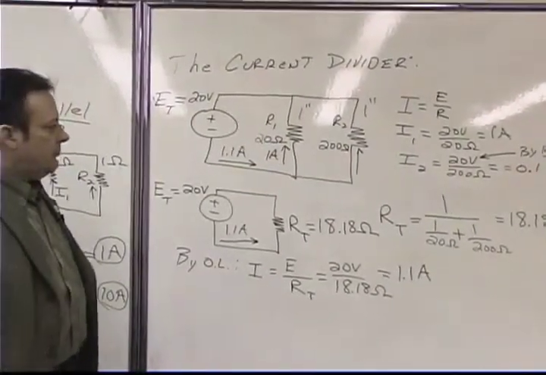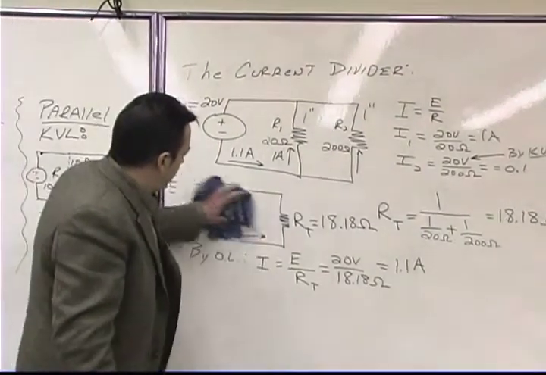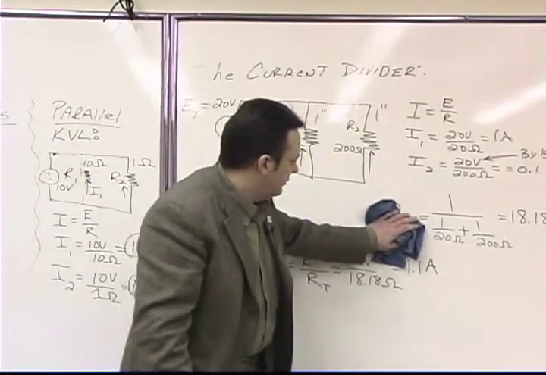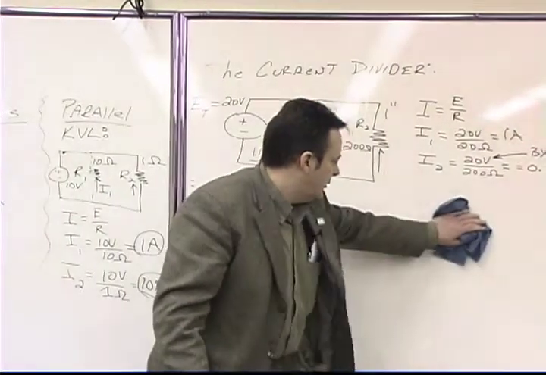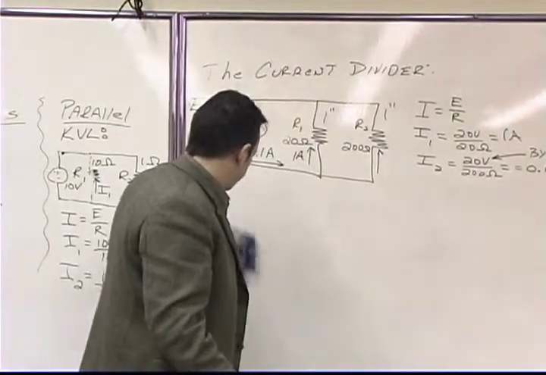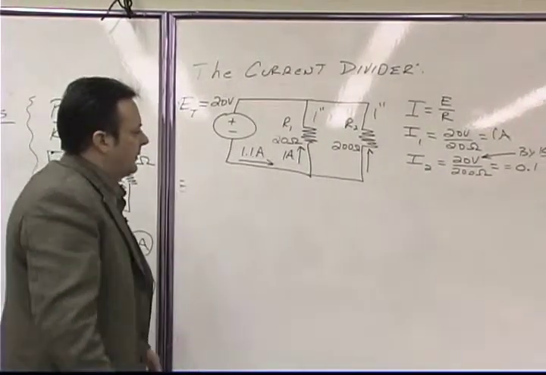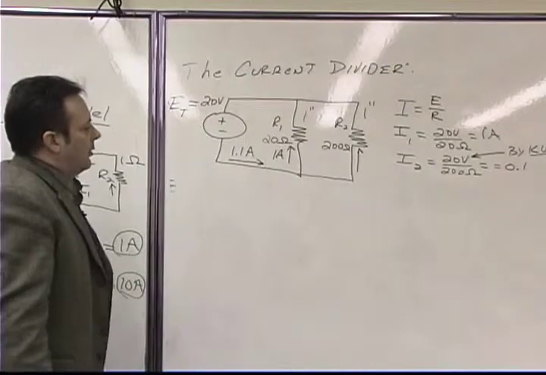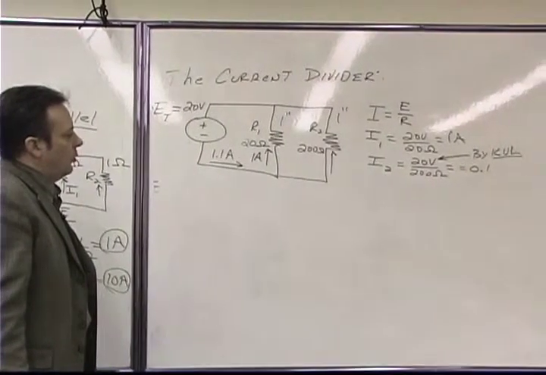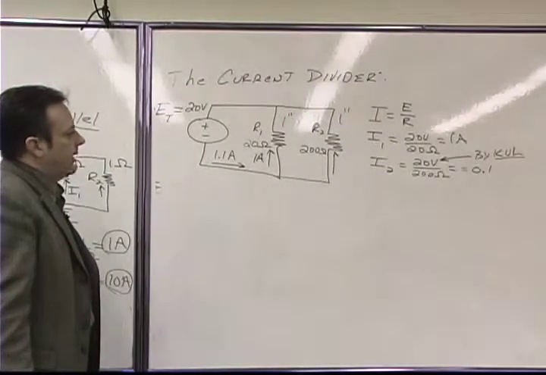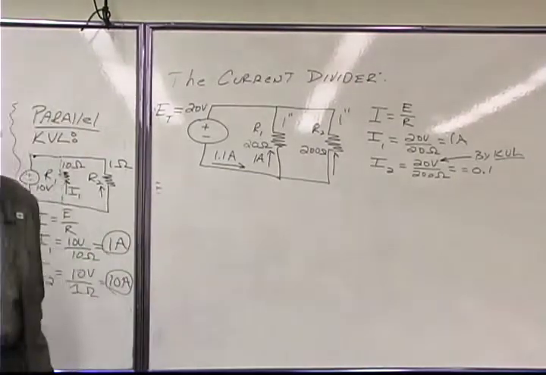Now, if we erase our equivalent circuit down here, which allowed us to calculate the total resistance and the current that was flowing, if we erase this circuit down here, what we can do is we can very simply calculate a few things that are very important and that we're going to use throughout the whole course.